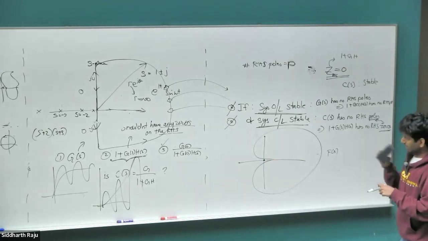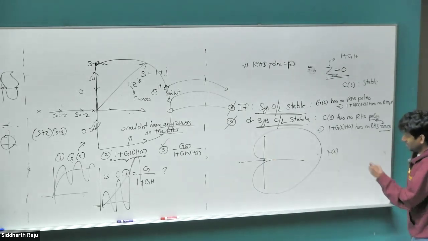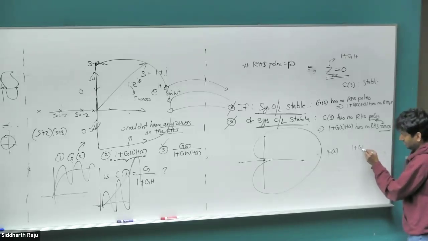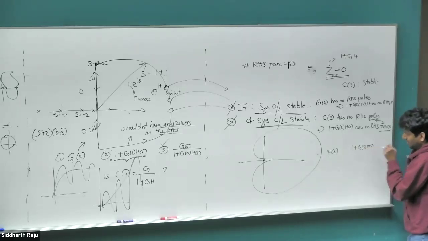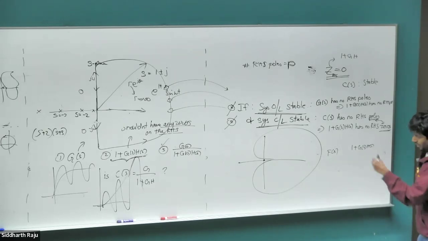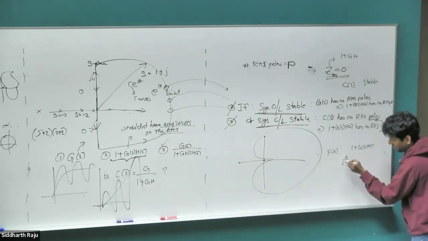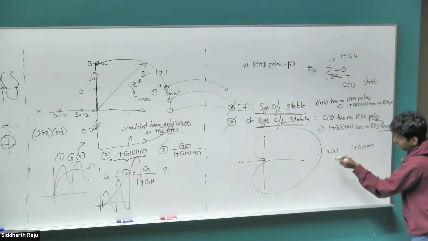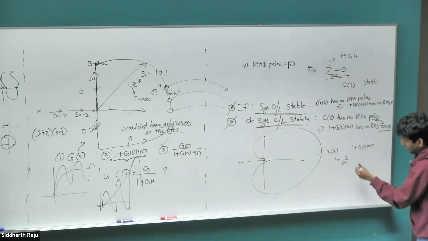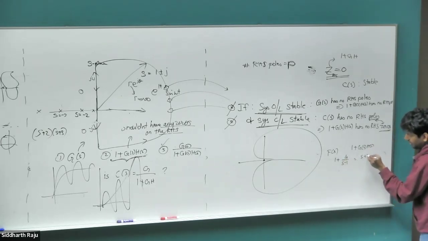So I have one pesky little problem here: evaluating this 1 plus g of s h of s. This is very easy if I give you an example like 4 divided by s minus 1, and then plus 1. Simple, straightforward, I can solve this. The roots are s plus 3 and s minus 1, sorry.